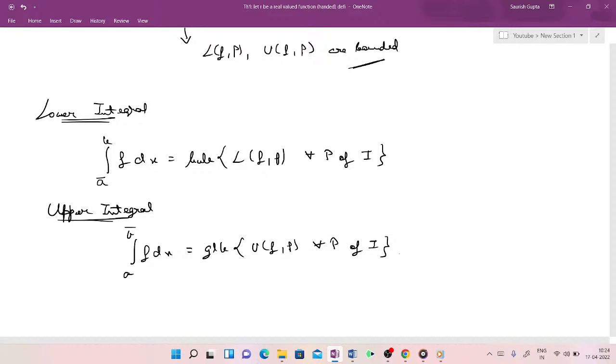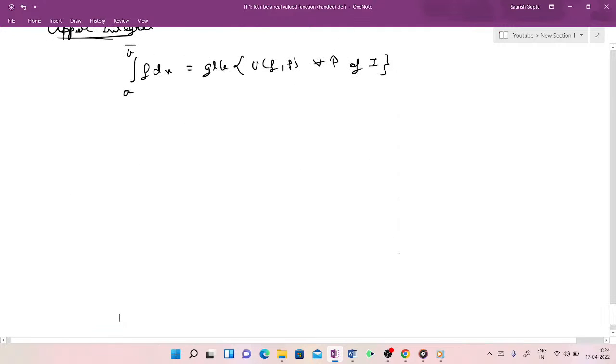Now, when these two values exist, the upper integral and the lower integral, using these two values we can define the Riemann integral of a particular function in some interval. So let us define that.